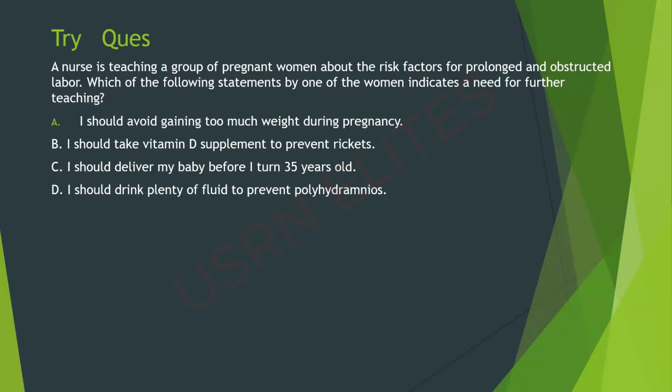Looking at the risk factors for prolonged, we are looking at the one that is not a risk factor for prolonged and obstructed labor. All the answers are risk factors for prolonged and obstructed labor. Which one is not a risk factor? That will not cause prolonged labor, that will not cause obstructed labor. Which one?